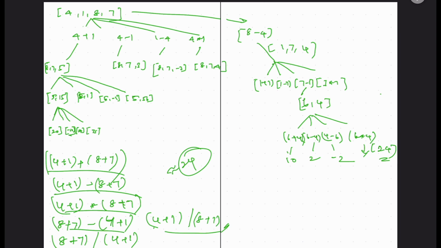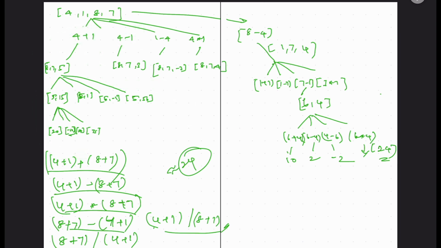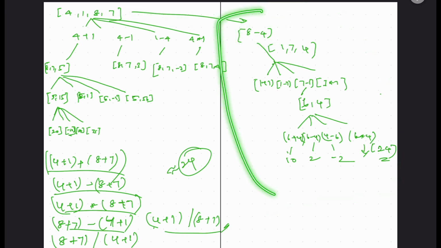Now I hope you understood how we'll be traversing through all the operations: plus, minus, and multiplication. Now if you see, this is one of the resultant ways that we will be traversing in the recursive approach.